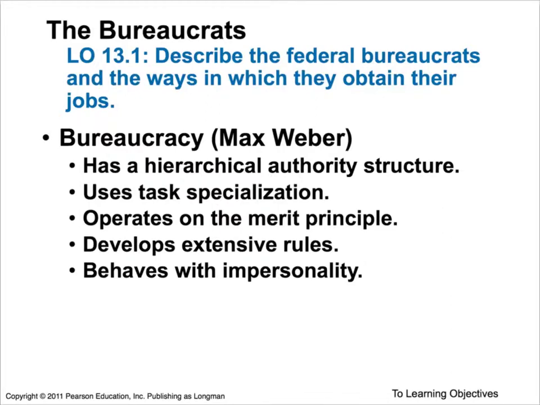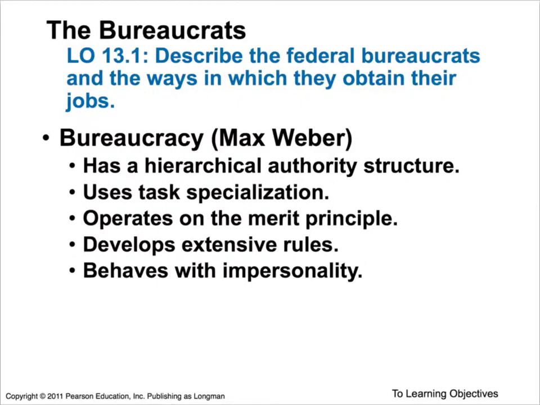Max Weber, who's a political theorist, has identified a bureaucracy as having certain characteristics. The first is that it has a hierarchical authority structure. Now, a hierarchical authority structure means that you have levels and layers.